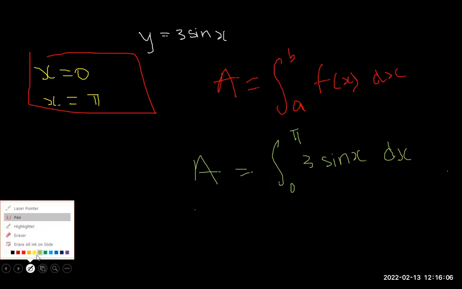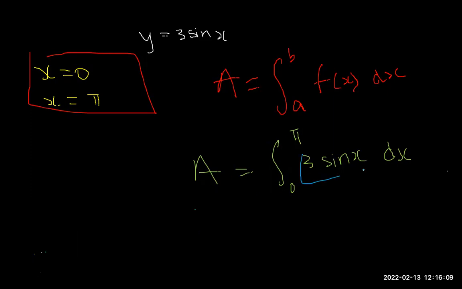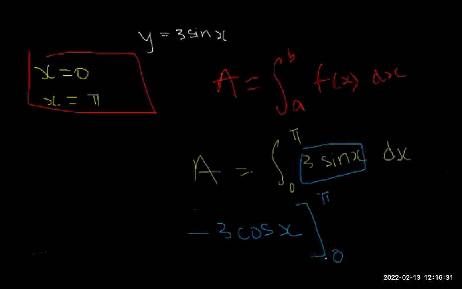The first thing you need to do is integrate this term, forgetting the limits for a while. All we're doing is focusing on integrating that expression. When I integrate 3 sin x, I get minus 3 cos x. Put your bracket, upper limit pi, lower limit 0.